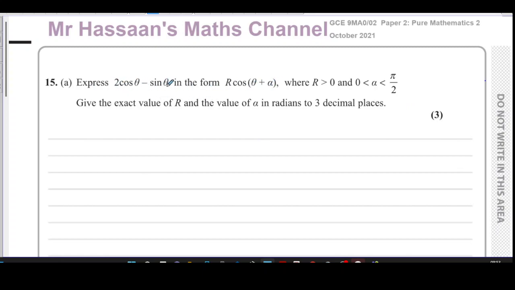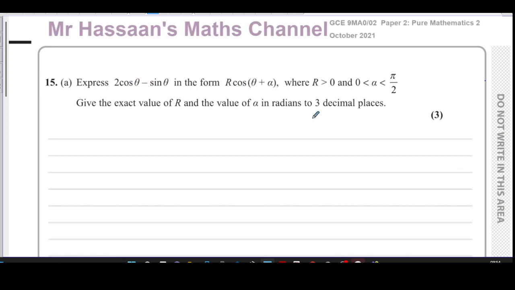The benefits behind expressing something like this in this form are two main benefits. One of them is if there's an equation involving something like this, you can solve it quite easily if you express it as a single trig ratio. It's easy to solve rather than having two separate trig ratios like this, especially when none of them is squared. If it's squared, you can change them to each other easily.